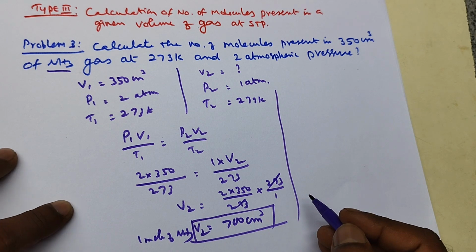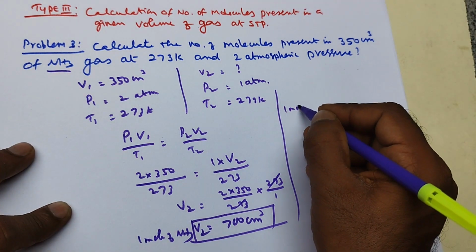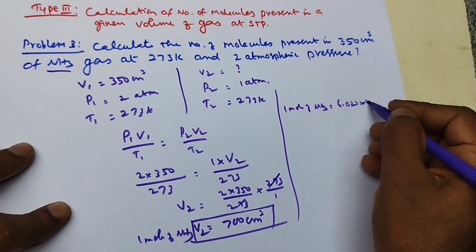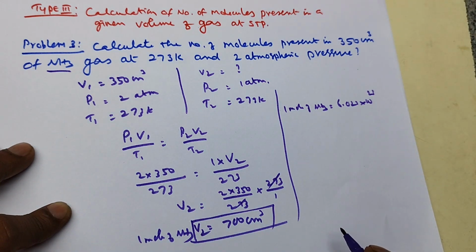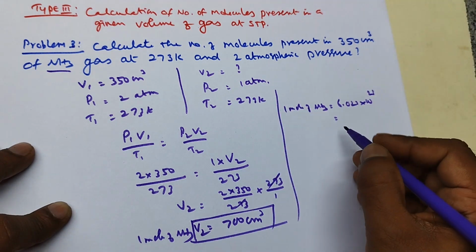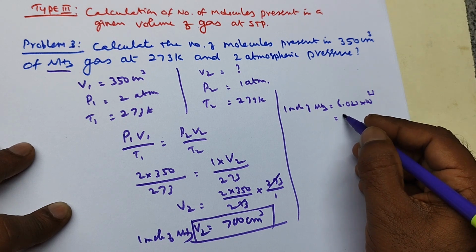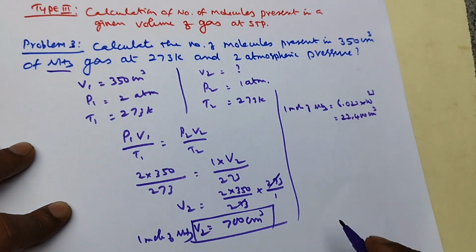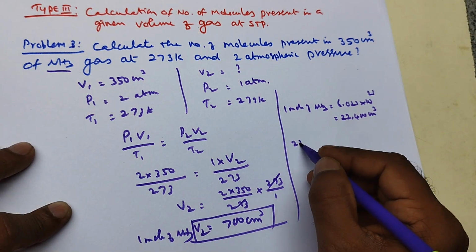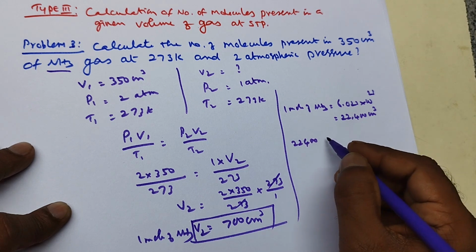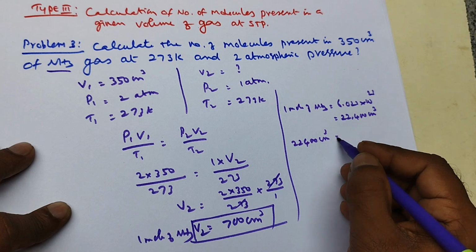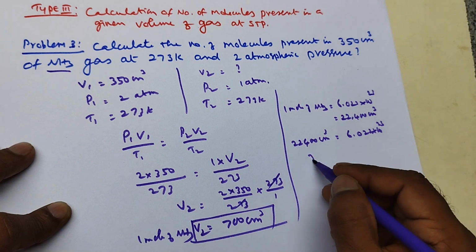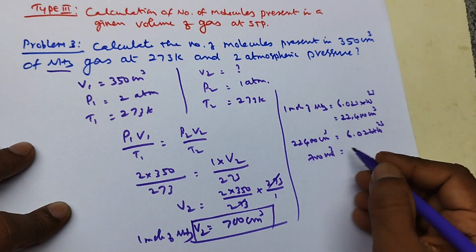At the same time, 1 mole of ammonia contains Avogadro number of particles, 6.022 × 10^23. If we express it in terms of molar volume, 22.4 liters is converted to 22,400 centimeter cube. That is called 1 molar volume. So 22,400 centimeter cube of ammonia gas contains Avogadro number of particles, 6.022 × 10^23. 700 centimeter cube is equal to how much?